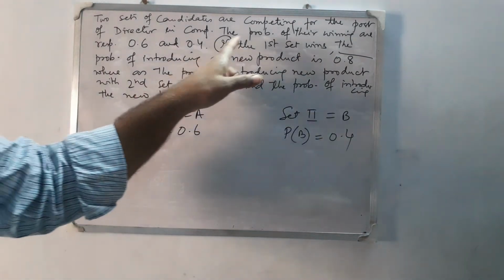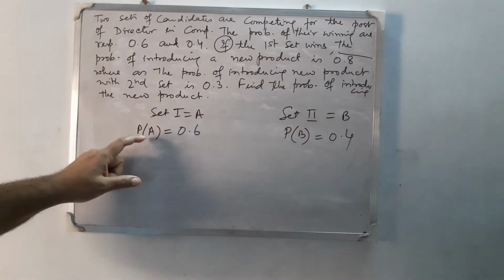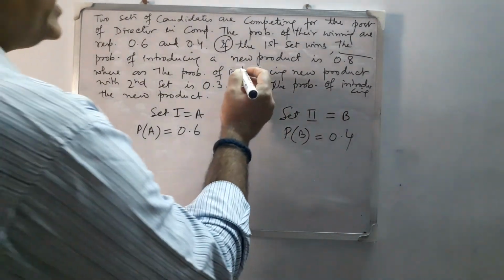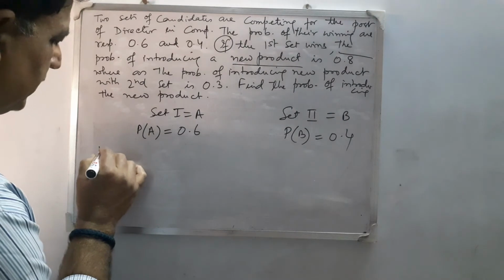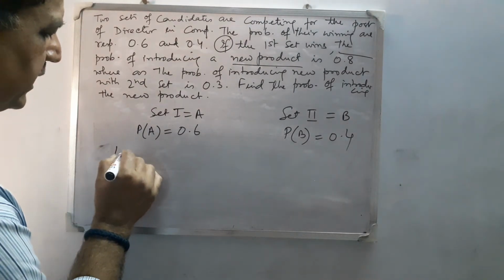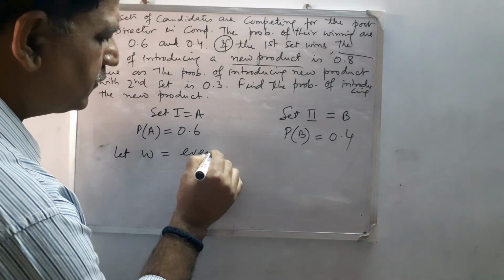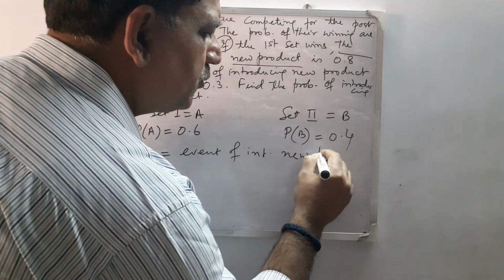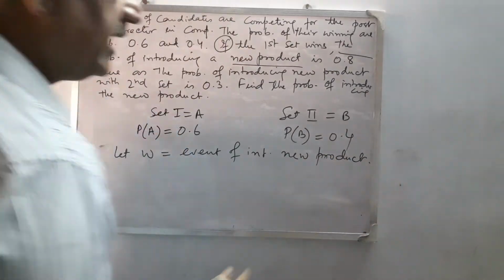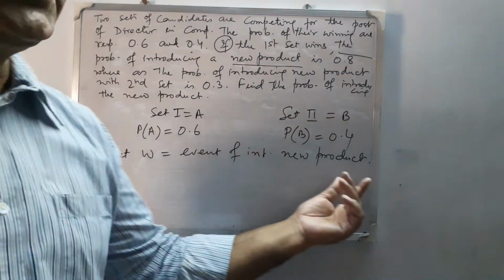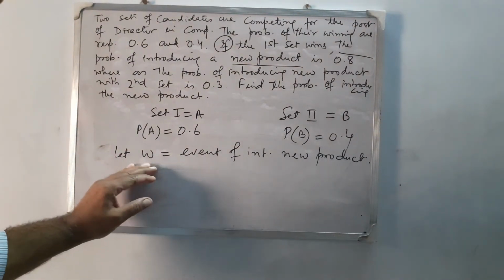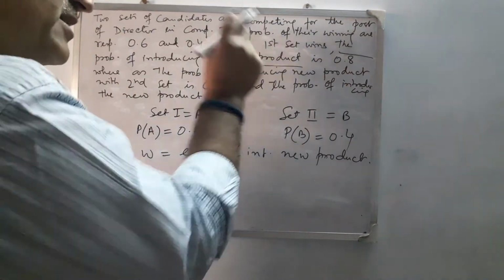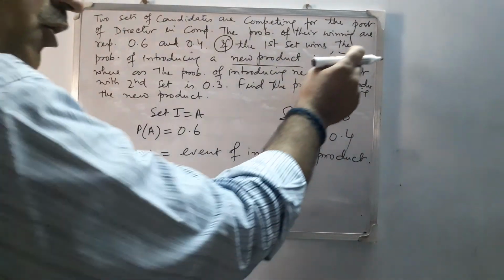Now, if the first set wins, that is if A wins, the probability of introducing a new product, let W be the event of introducing a new product, is 0.8.